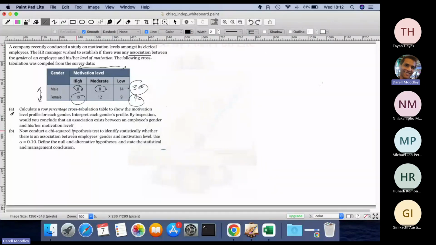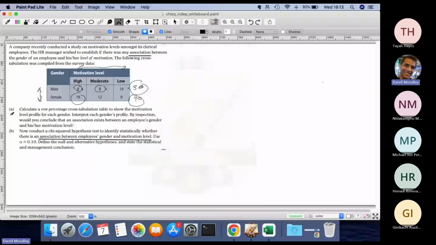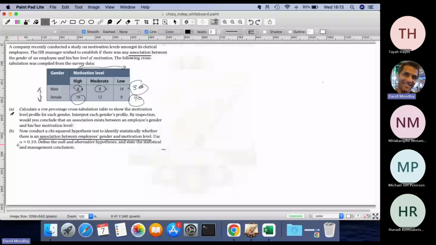That's what they're trying to get us to do. So underline that, association to the employee's gender and motivation level. That's what the hypothesis test is going to be. And then the second part they tell us is our alpha, or level of significance. So just like last week, for hypothesis testing, we need to be given a level of significance. So it's 10%. All right, that's our alpha.